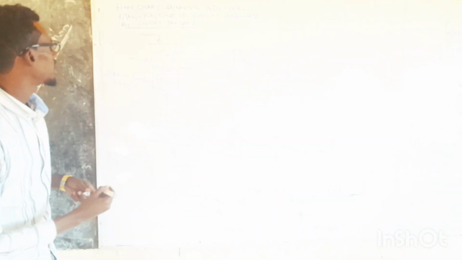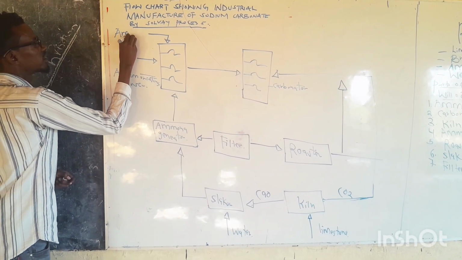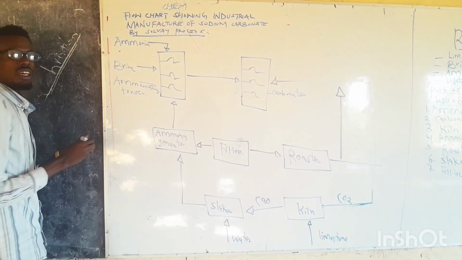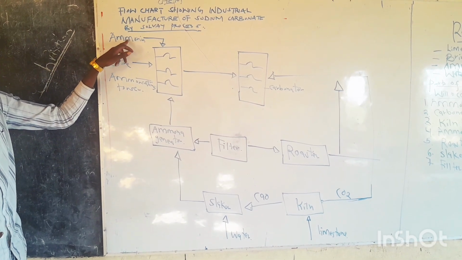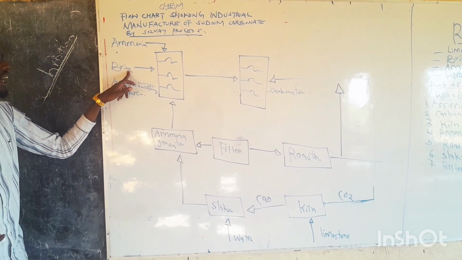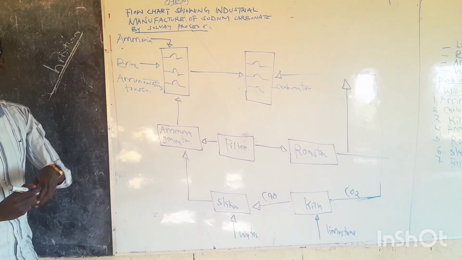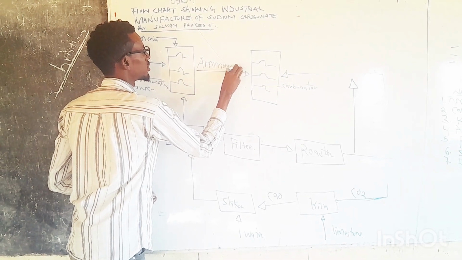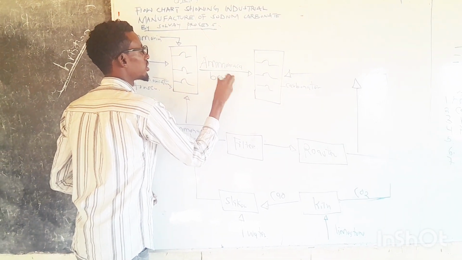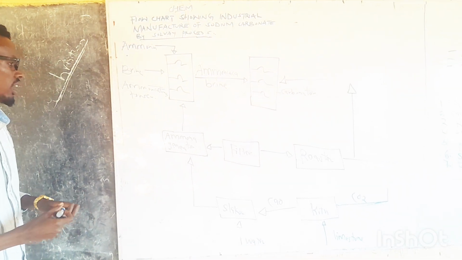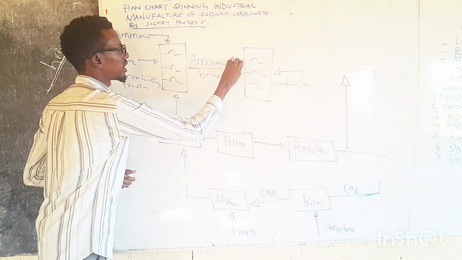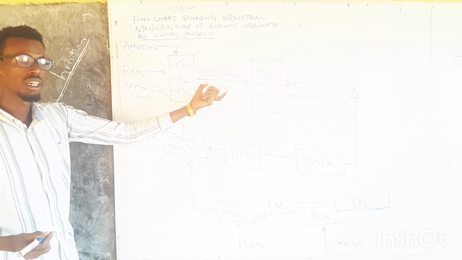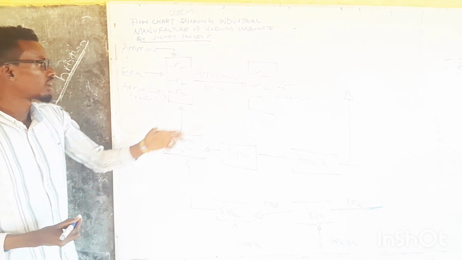Now, here we have the ammonia, and we have brine. In this process, ammonia and brine are mixed together in the ammoniating tower to form the ammoniacal brine. Now the brine, we have said, is concentrated sodium chloride, and we have the ammonia.